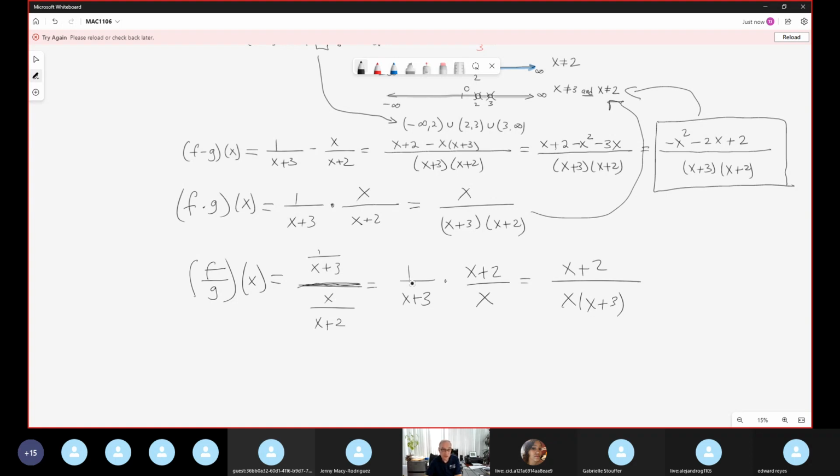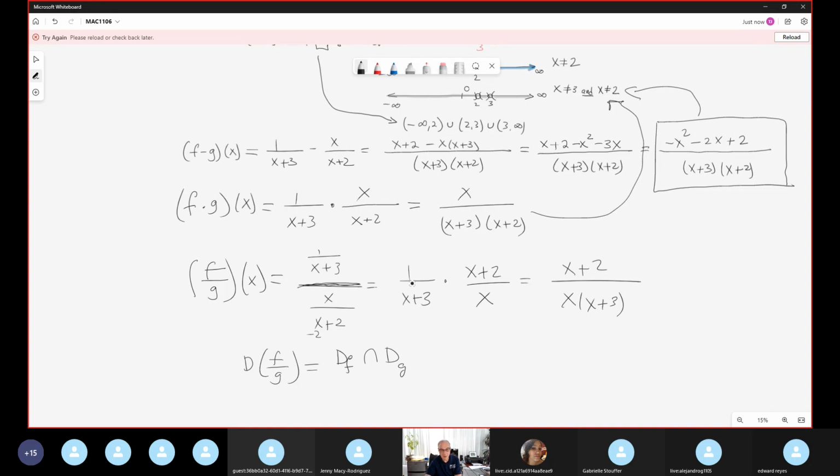So basically, what is the domain of division? The domain of f divided by g is the domain of f intersection the domain of g. It's an important consideration for g. Why? Because you divide by x plus 2, and negative 2 plus 2 is 0, division by 0, illegal, right?